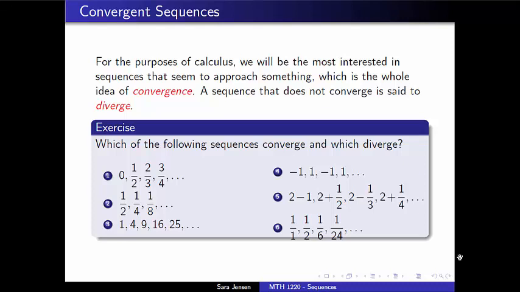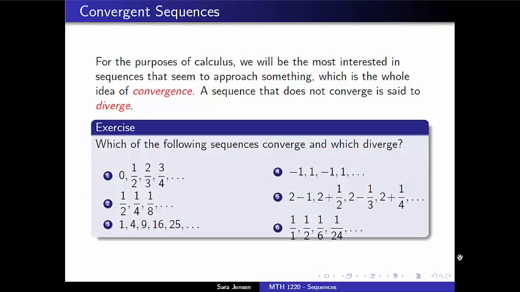And let's start with a loose definition of convergence, which is a sequence converges if it's approaching a particular value. It's heading toward this one number. Each term in the sequence gets us closer and closer to that number. A divergent sequence, or a sequence that diverges, is one that doesn't do that.